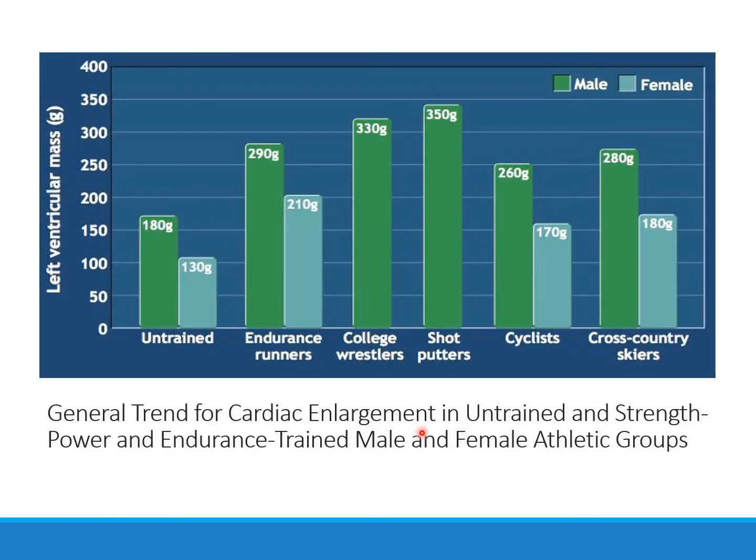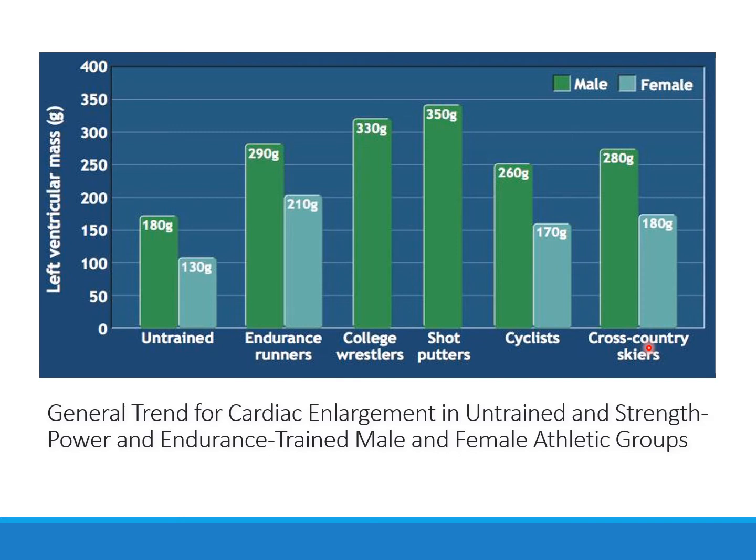So here's a general trend for cardiac enlargement in untrained and strength-powered and endurance-trained male and female athletic groups. Okay, so you can see that males versus females, we know that males are going to have slightly bigger hearts, and so you're going to see these larger left ventricular masses.